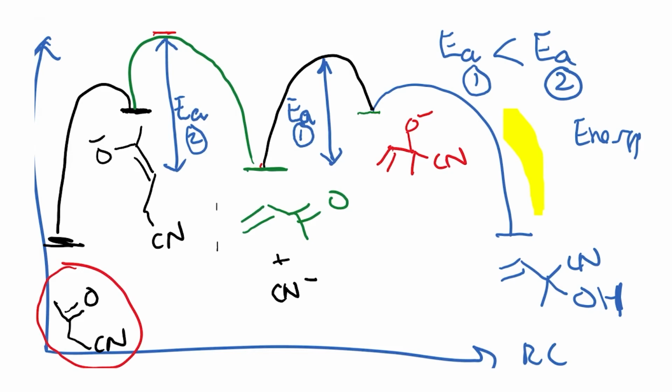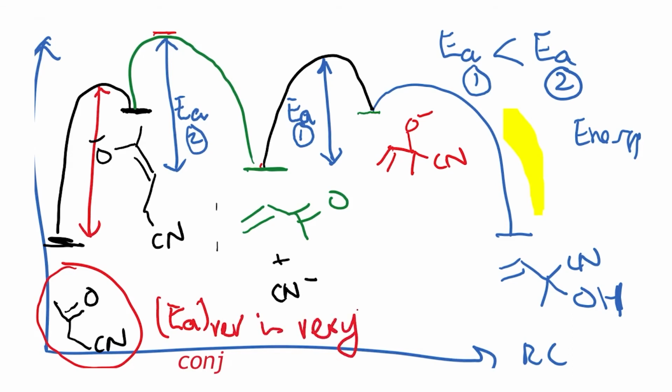Okay, so that means that this barrier EA reversible for conjugate addition is very high. So I will just go through this once again in a fresh slide so that you understand this better. I'm just going to remove all the structures and just explain to you what this concept is.